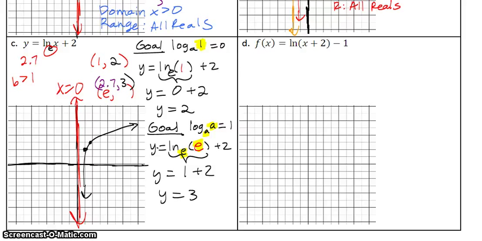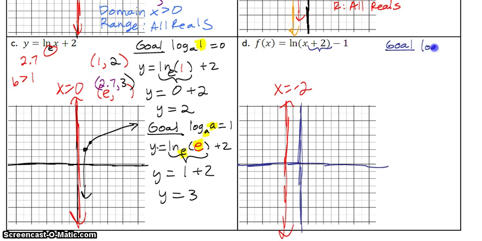So step 1, let's plot our asymptote. When I look at step 1, I see that it has a +2, so that means my asymptote is moved left 2 units, so my asymptote is at -2. Now I'm going to find my 2 points. First goal is to make it so that this thing right here is a 1, because then that whole log will be equal to 0.